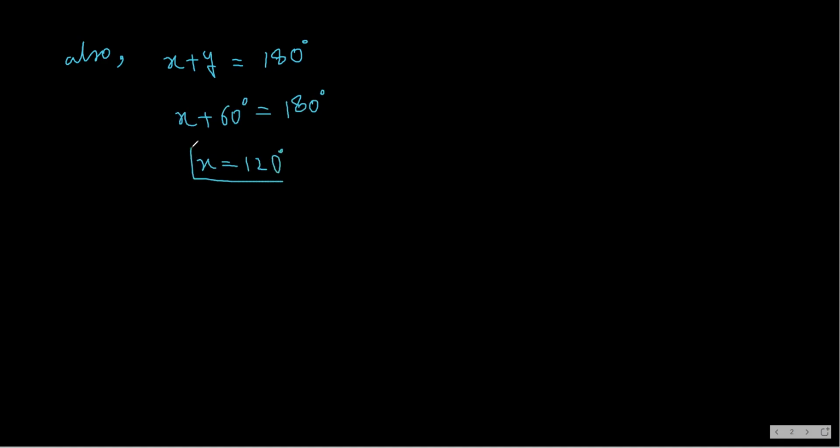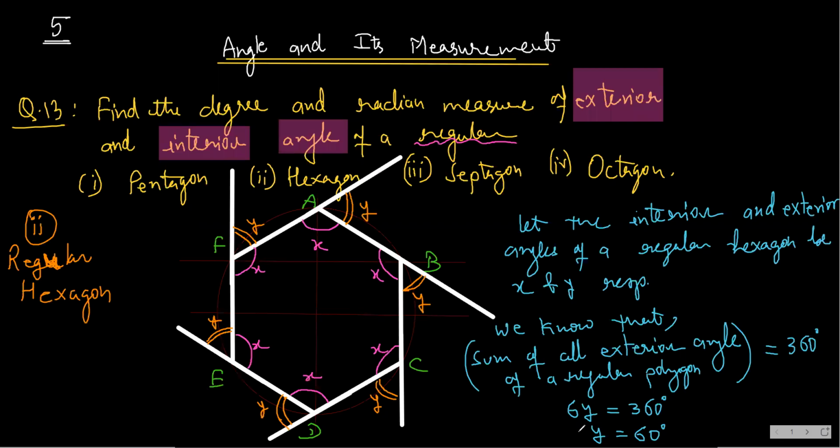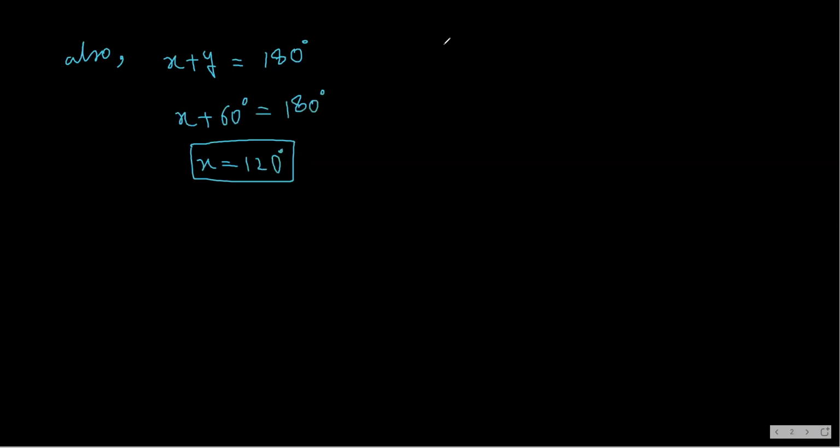Now see, you got x and y both in degrees. Now what do they want you to do? They want you to get the radian measure as well. So for getting the radian measure, I will change this into radian.